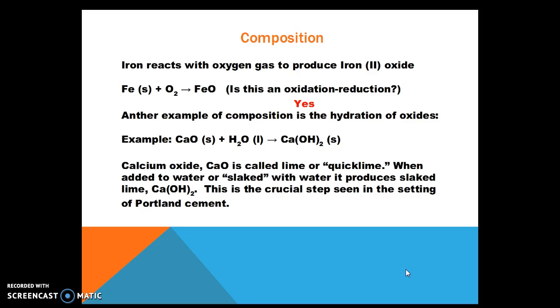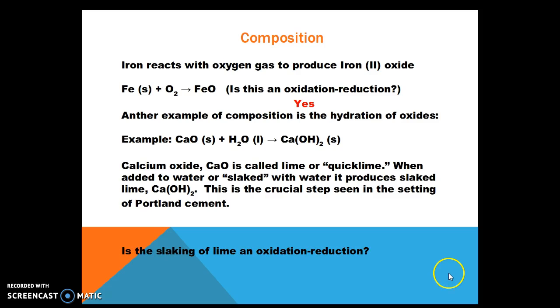Calcium oxide is also called lime or quicklime. When you add it to water, you get heat. It's an exothermic reaction, and it's called slaking because you're adding water to it. It produces slaked lime, calcium hydroxide, and this is the crucial step for the setting of Portland cement.